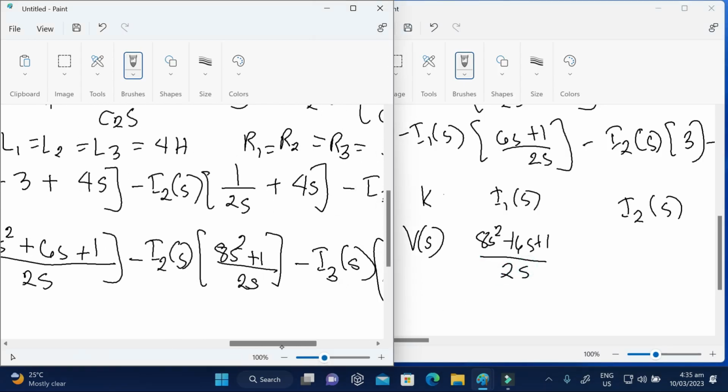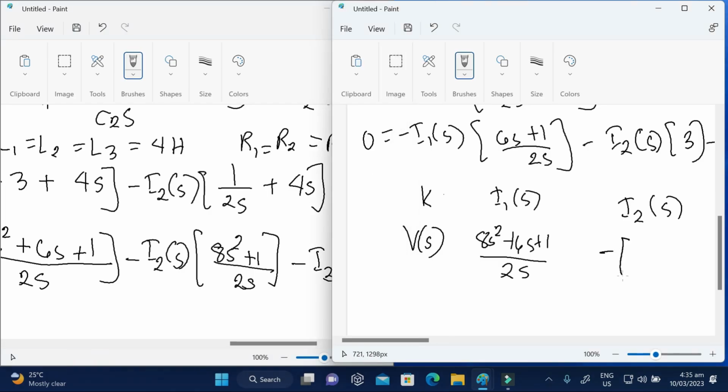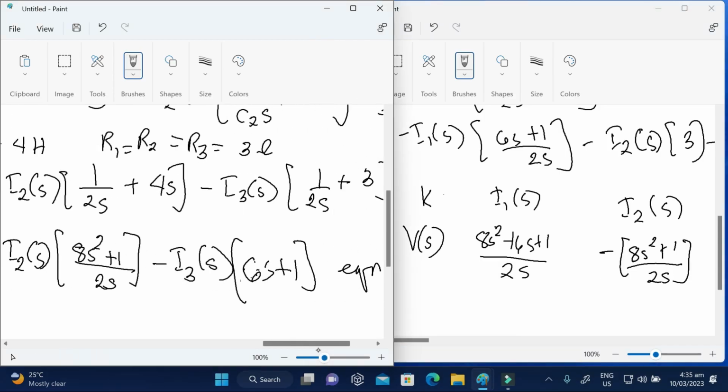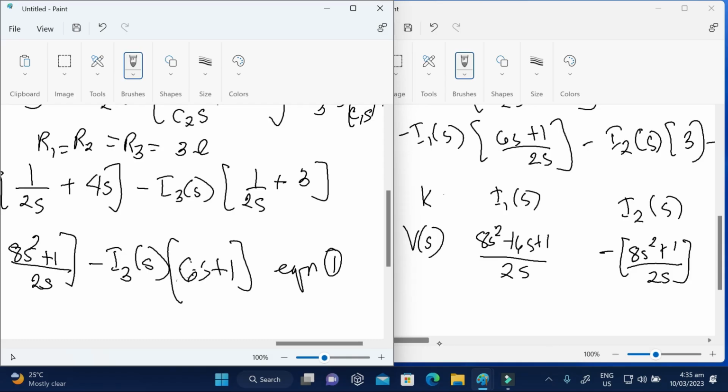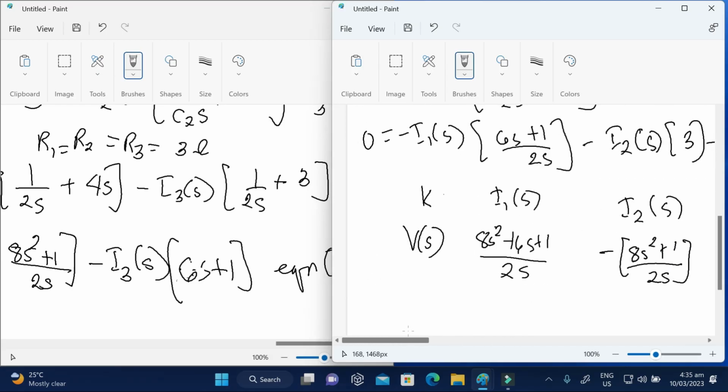So, tapos sa I2, we have negative 8S squared plus 1 over 2S. Tapos si I3, we have negative 6S plus 1. Okay na?